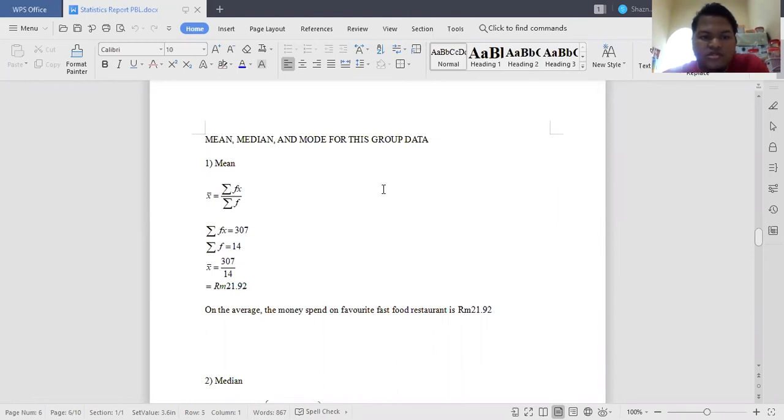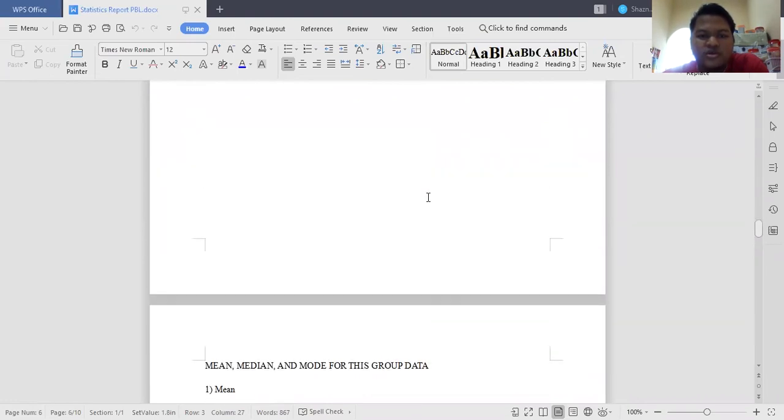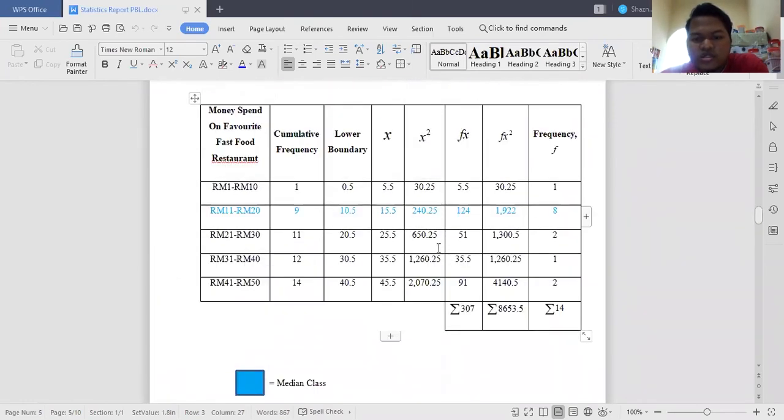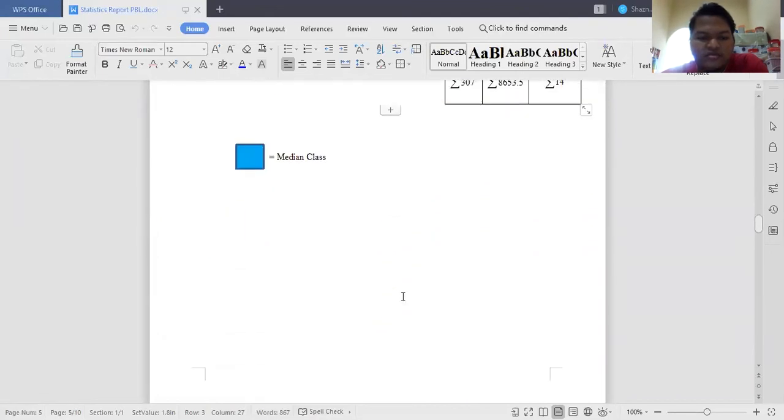My name is Muhammad Shafiq Sami. I will explain about mean, median, and mode for this group data. First is the mean. Mean equals fx over f. From the data that we collected, the fx is 307 and the f is 14.